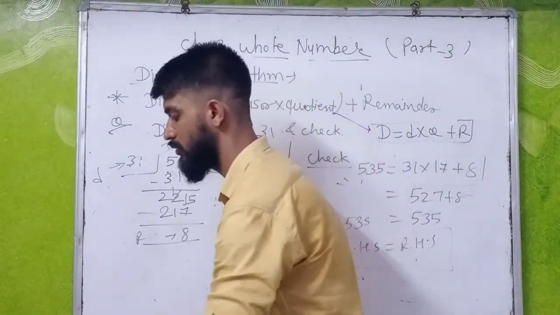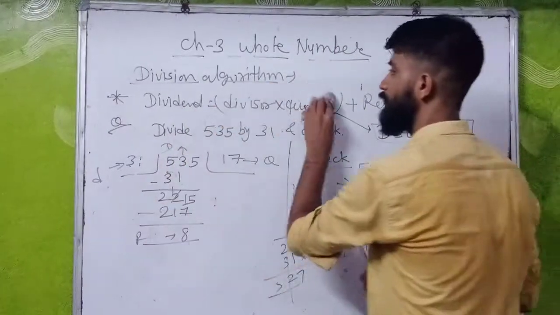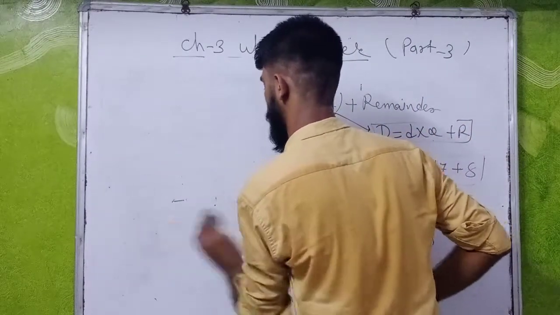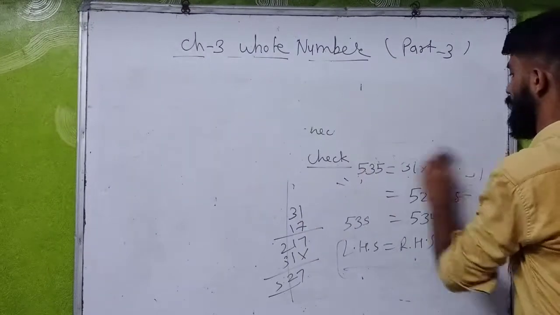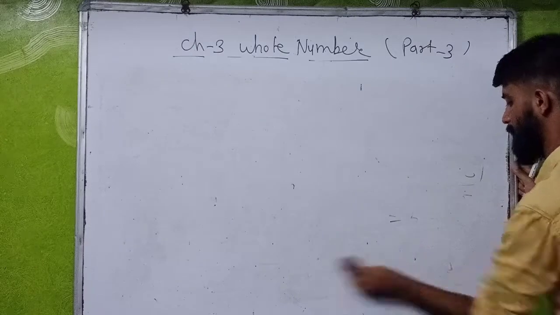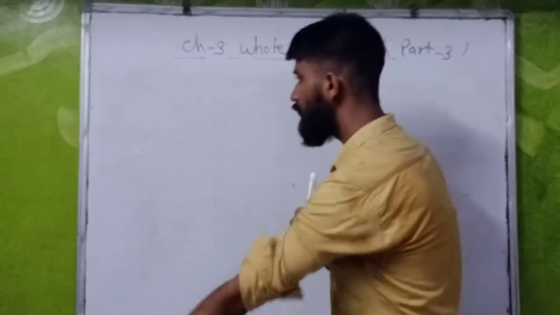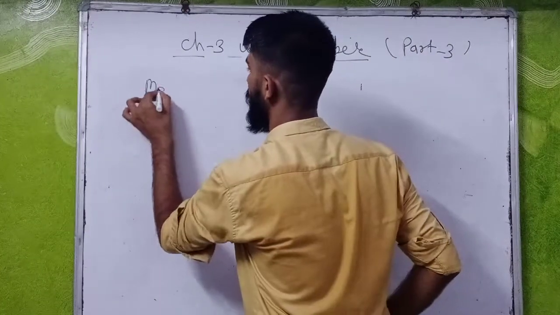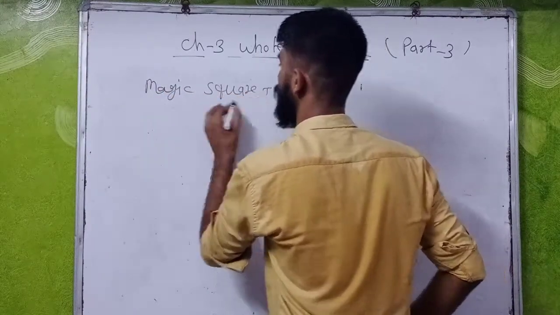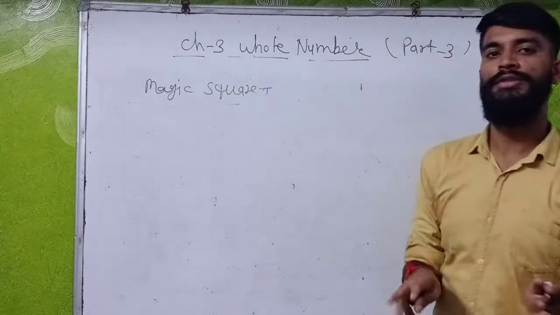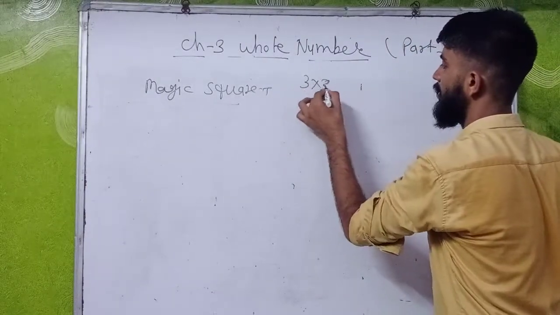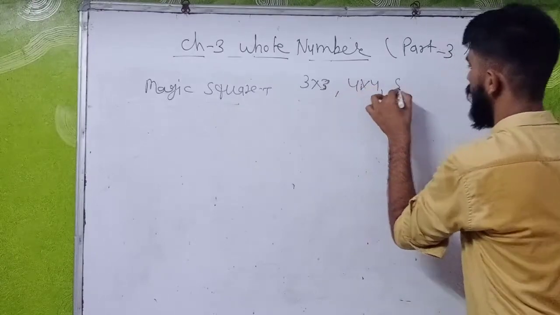Okay, now the next topic is magic square. Magic square means our number of rows and number of columns are the same: 3 by 3, 4 by 4, 5 by 5.